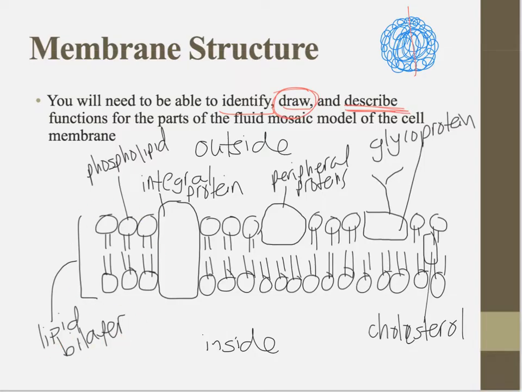You may also want to label the hydrophilic region. These round things, the heads of the phospholipids, are hydrophilic, water loving. And this section in here with the tails is hydrophobic, not so fond of water. Water hating. We'll talk more about why it has those properties in a couple minutes.